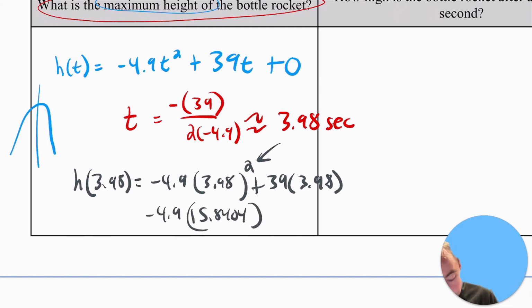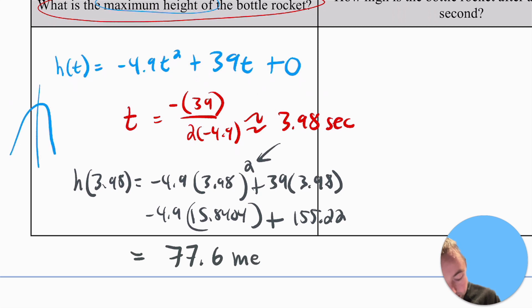Multiply that by negative 4.9 and add whatever 39 times 3.98 is, which is 155.22. You can, of course, type this all in a calculator. And it comes out to be about 77.6, rounding that off.